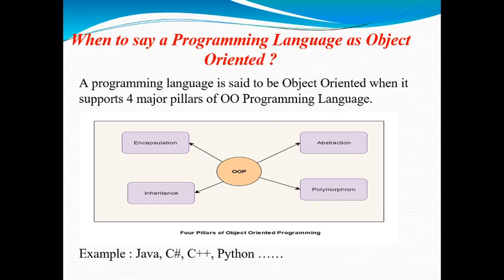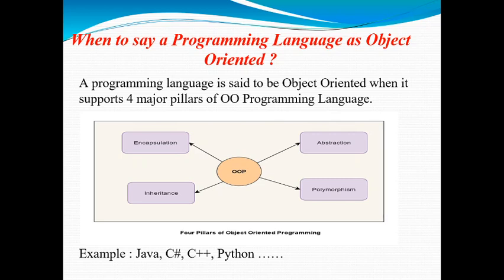If any language supports these four building blocks, then we can say that language is an object oriented programming language. Those four major pillars are: number one, data encapsulation; number two, data abstraction; number three, polymorphism; and number four, inheritance.